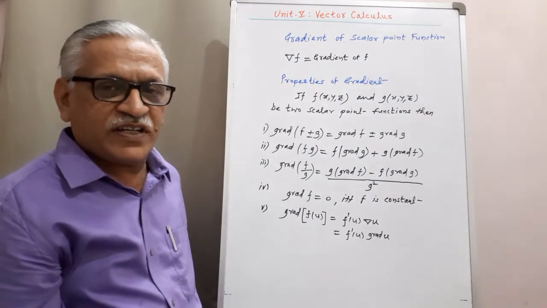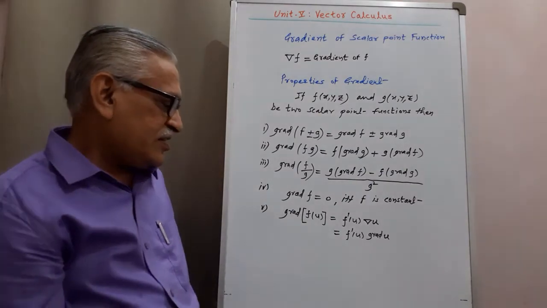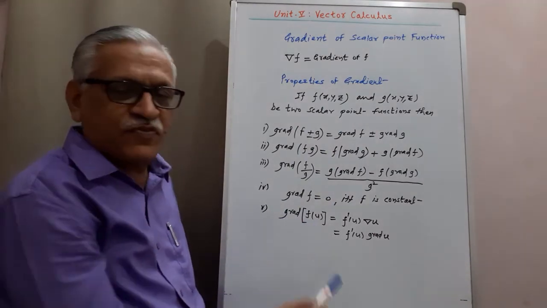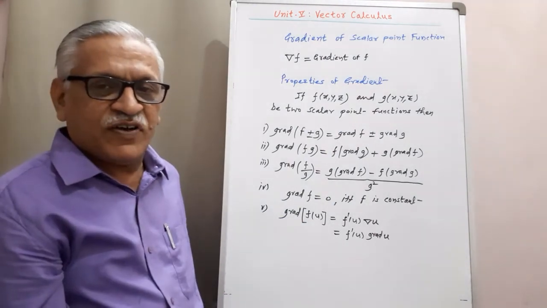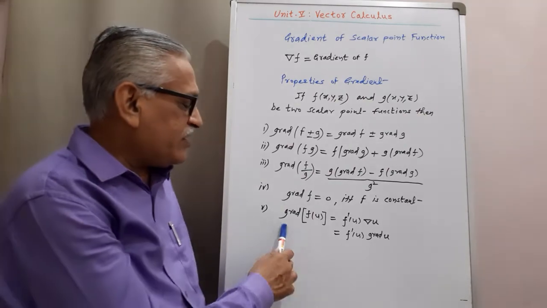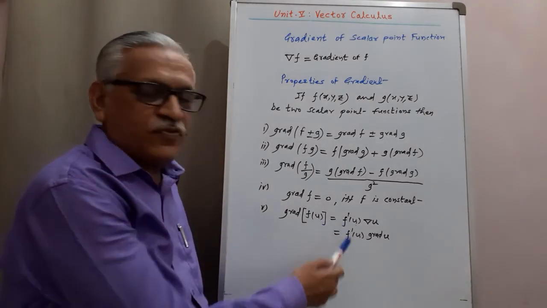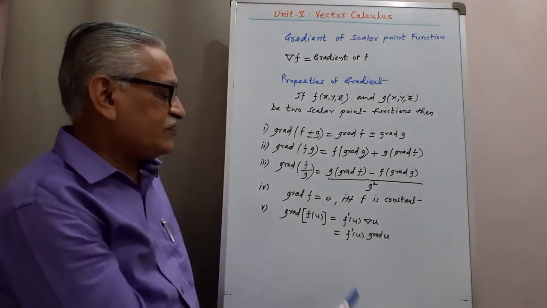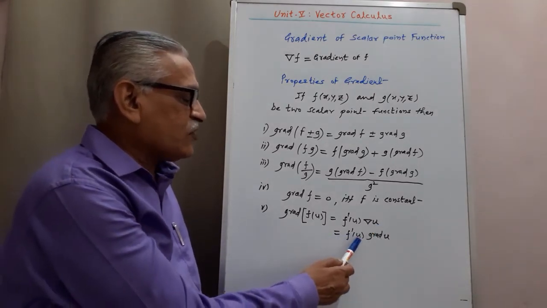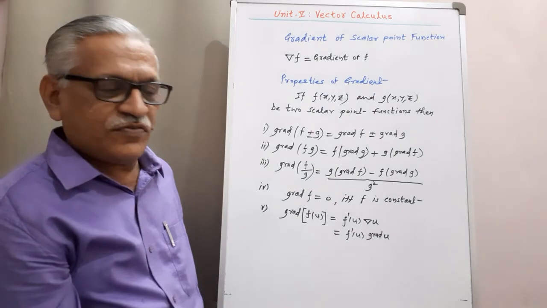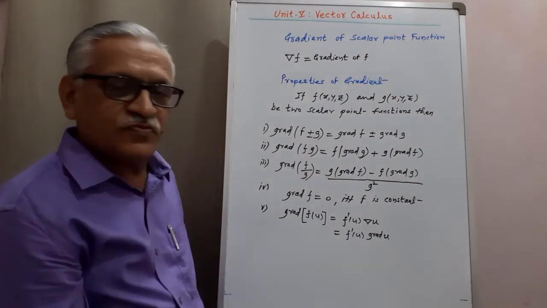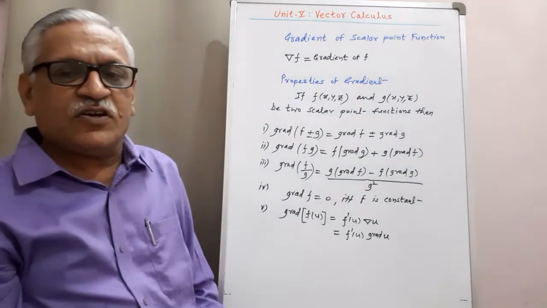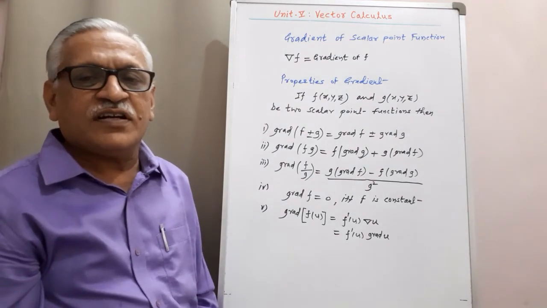In both directions we can apply this result. And the last one, an important one, grad of f of u, function of function. Therefore, it is f dash of u into grad u. Therefore, remember all these important properties or rules for gradient.